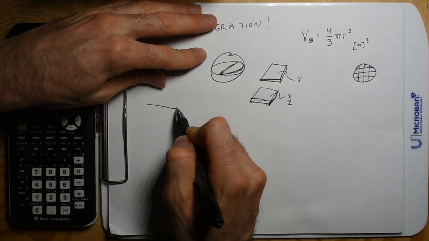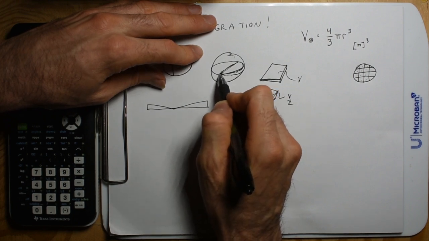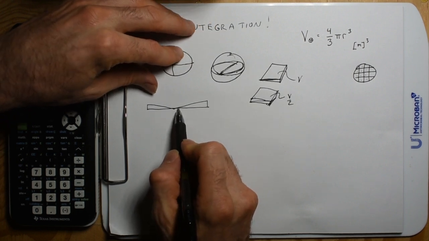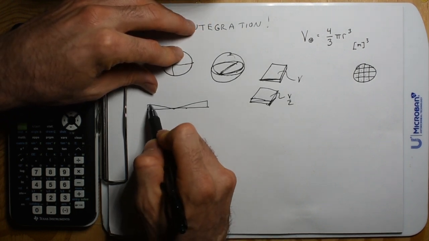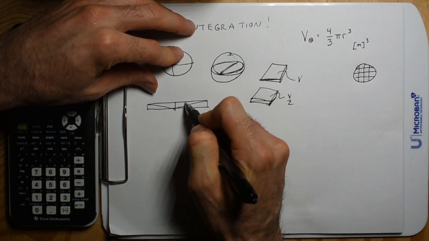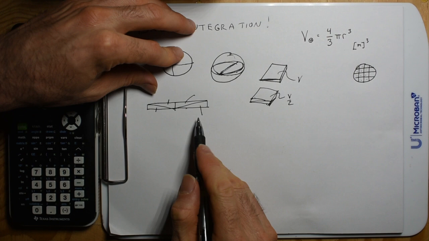If you did 2 of those, one over here as well, you'd have 2 of those slices. And if you finish it off like this, I would say that this slice is equal to that slice is equal to that slice is equal to that slice.